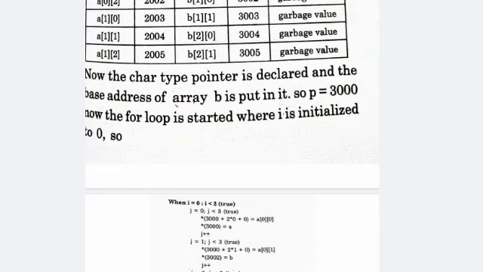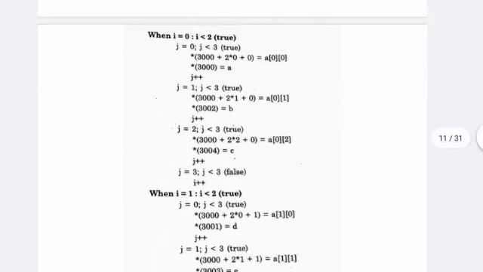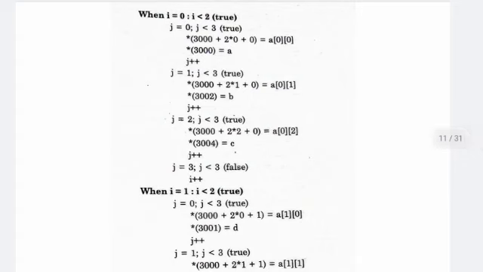So firstly, when i equal to 0, the condition i is less than or equal to 2 is true. So j equal to 0 means the initial value, so it also satisfies the condition j. Now putting the value is given like that. So we got here pointer 3000 plus 2j plus i.